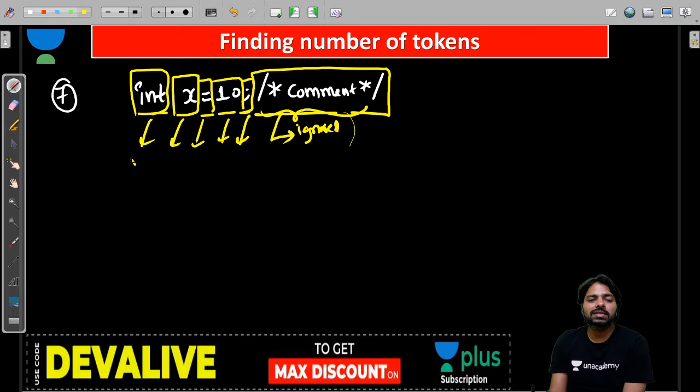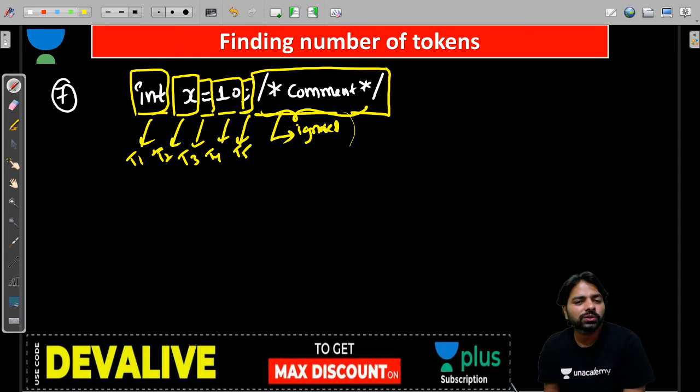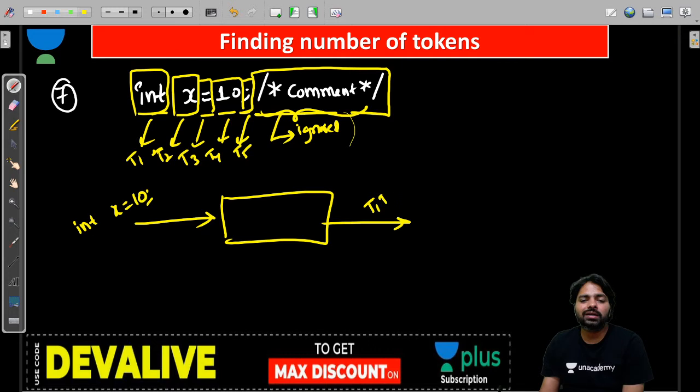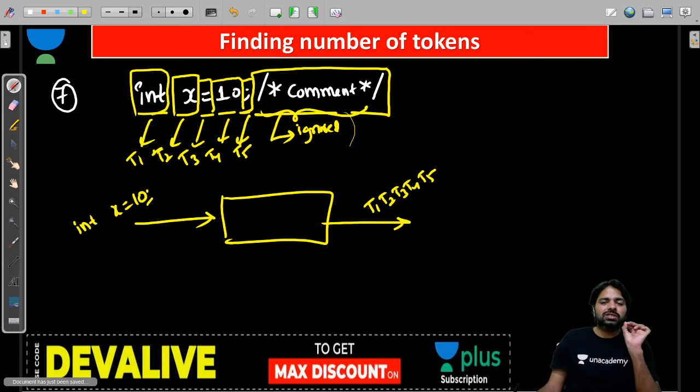It will be 5 tokens, like T1, T2, T3, T4, T5, whatever they are. It will produce 5 tokens corresponding to int x is equal 10. If you give the input int x is equal to 10, the output will come out something like T1, T2 without any space, T3, T4, T5. Right? Your input may contain spaces and everything, but your output will have only a sequence of tokens.